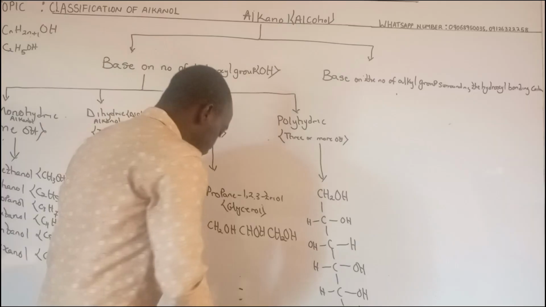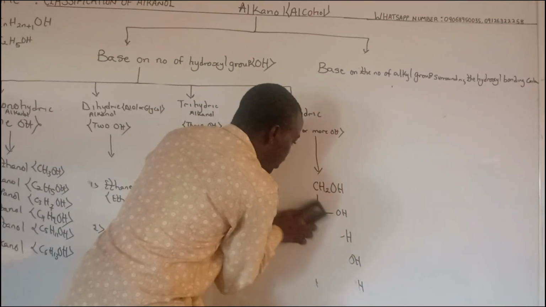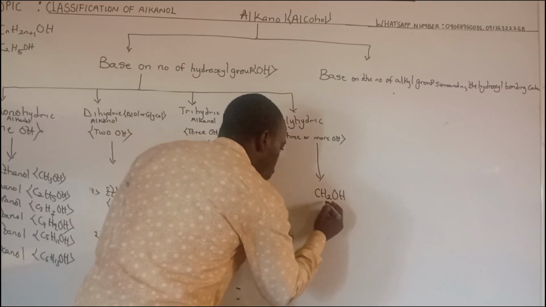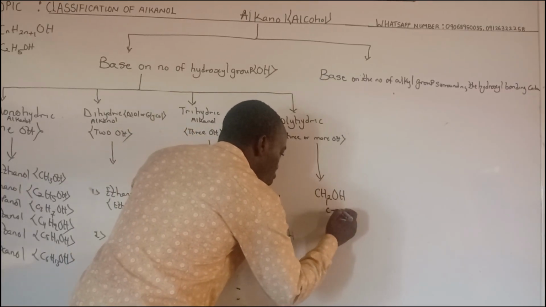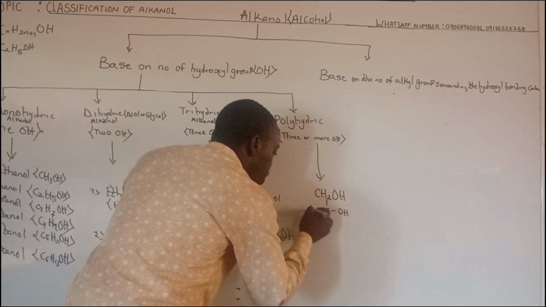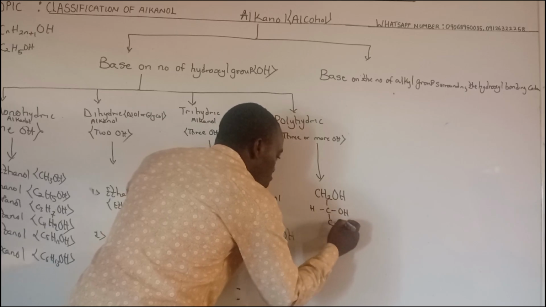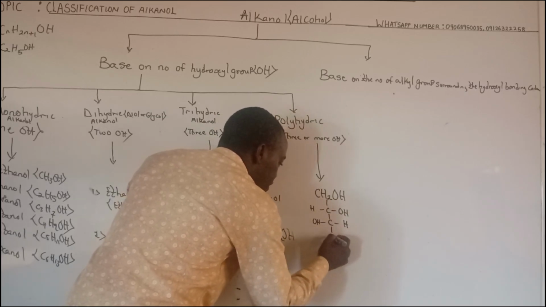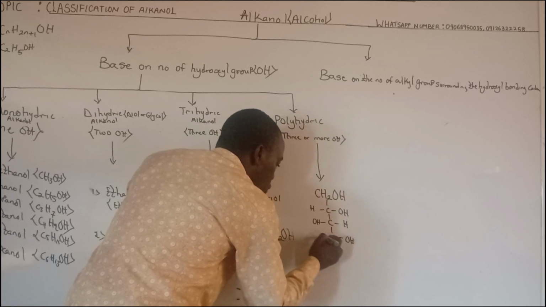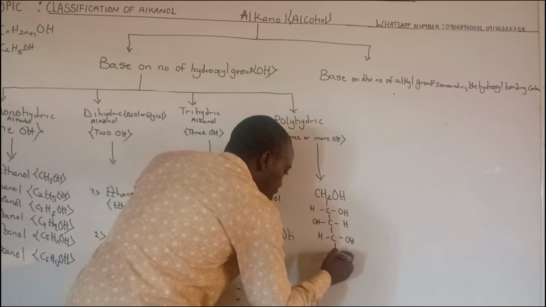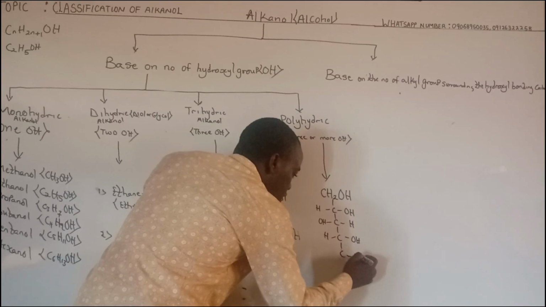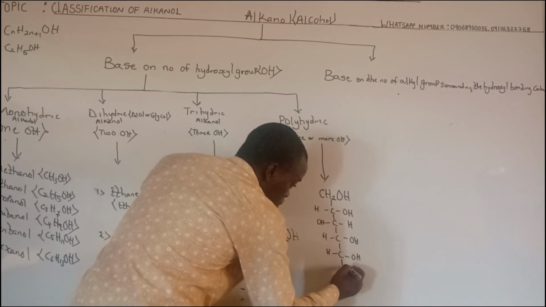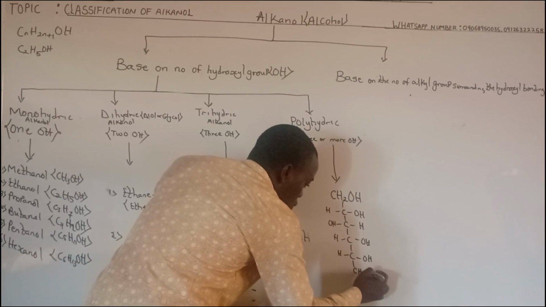I don't know whether you can see it properly. Let me rewrite it. We have CH2OH. We have C, OH, we have H. We have C, we have H, we have OH, we have C, OH, we have H, we have C, you have OH, you have H, you have C, H2, CH2OH.